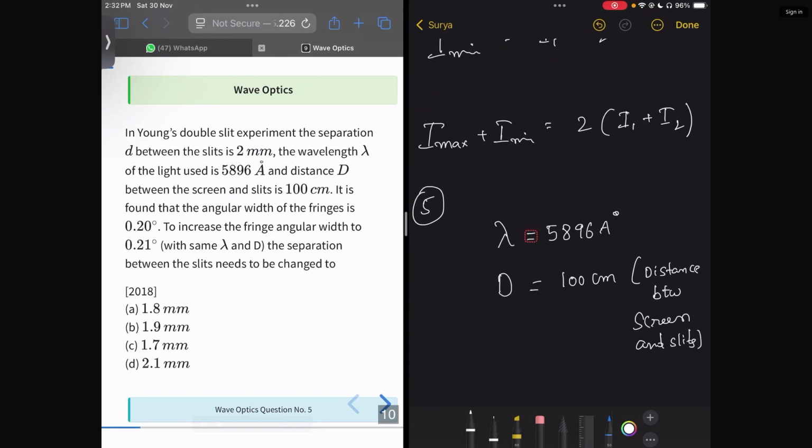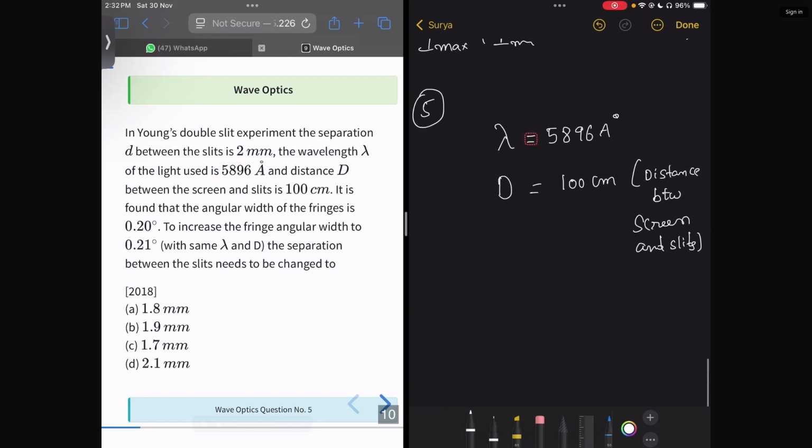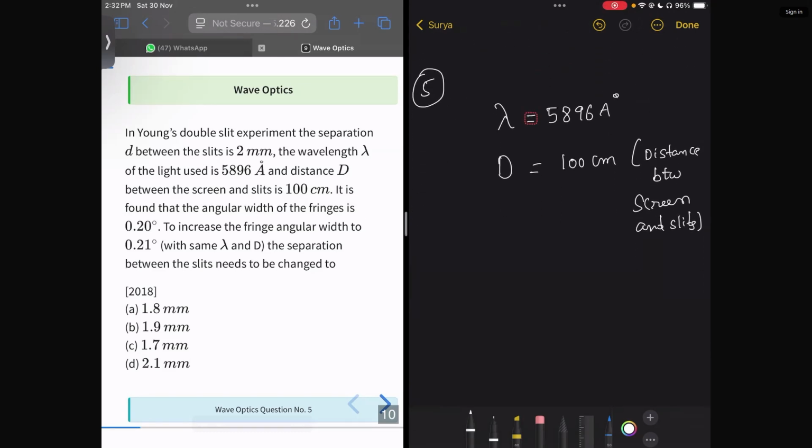This is a Young double slit experiment. It is found that the angular width of fringes is equal to 0.2 degree.